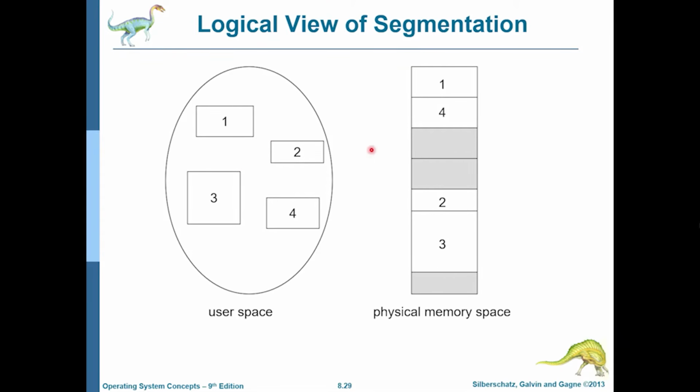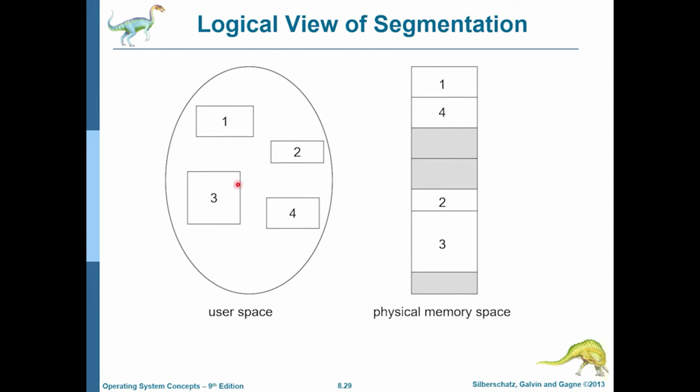But when the MMU comes into the picture and that MMU does segmentation, then it can take the first segment and put it here in physical memory, and then it might choose to put segment number 4 over here, then segment number 2, and then segment number 3. So it can scramble the segments and put them wherever it is the most convenient. It is not guaranteed that the segments are allocated in sequence in physical memory.